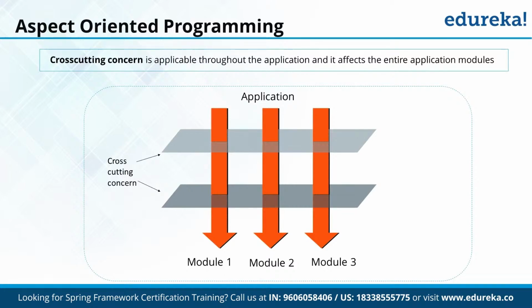If we have different modules, and a couple of layers, for example model, view, and controller, we need to implement these cross-cutting concerns in every module and in every stage, right? Let's say security. If I'm writing a very basic code and I'm coming up with the last level of my code, I need to ensure that security always remains.